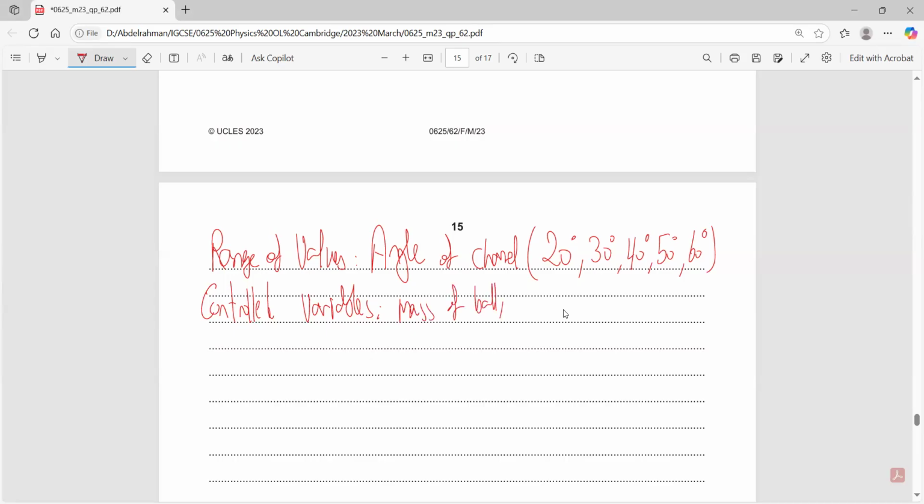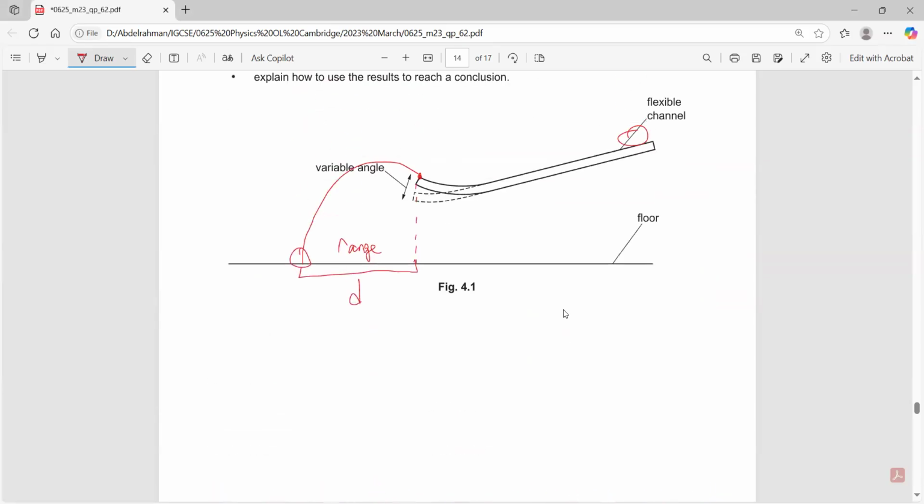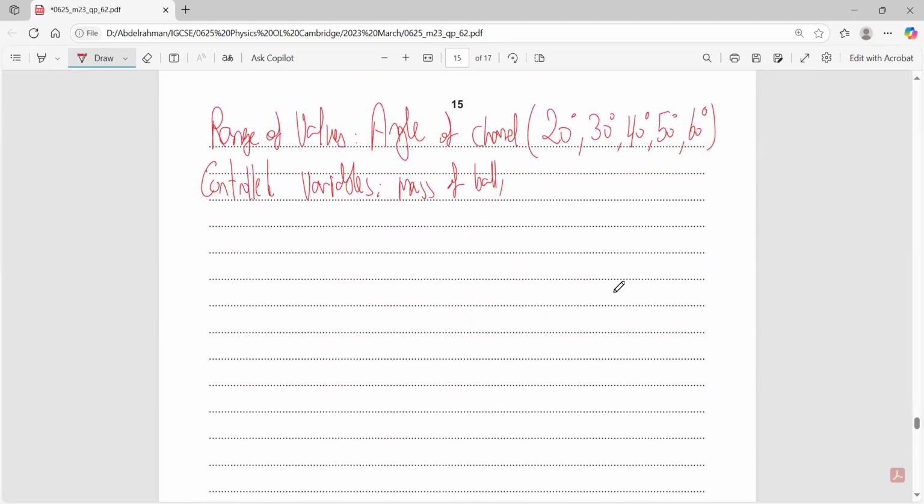There is one really important controlled variable, which is the vertical distance between this channel and the floor. It has to be constant. It's a must. You cannot put it any further up or lower it down. So the distance between the channel and the floor is constant.